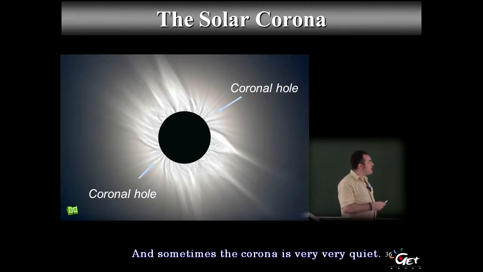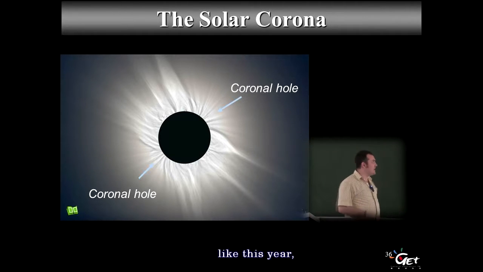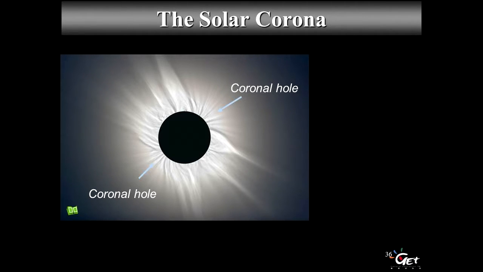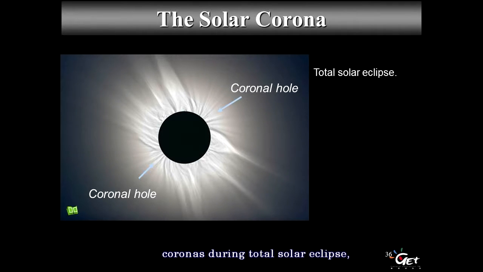And sometimes the corona is very, very quiet, and sometimes the corona, like this year, is very, very active. And you can see coronas during a total solar eclipse, for instance. So if you have the chance to see a solar eclipse during an active year, then you will have very, very bright corona features.